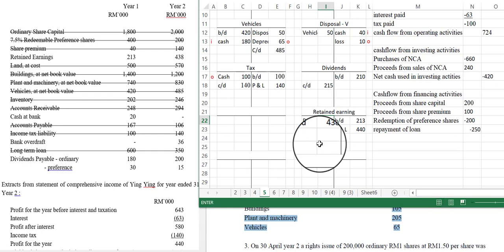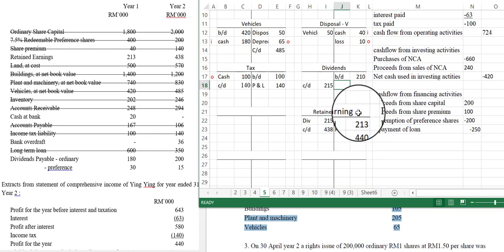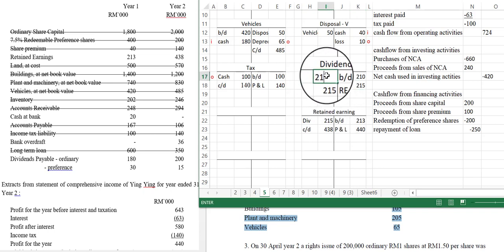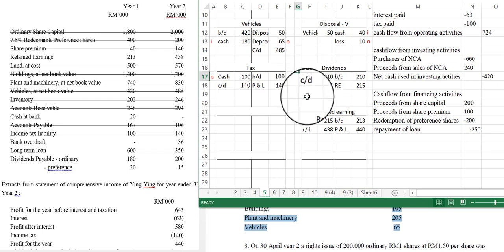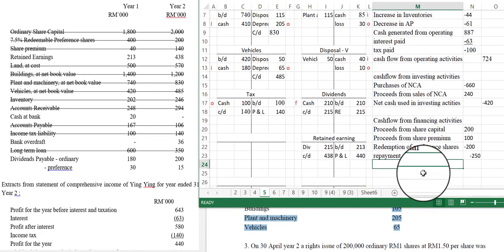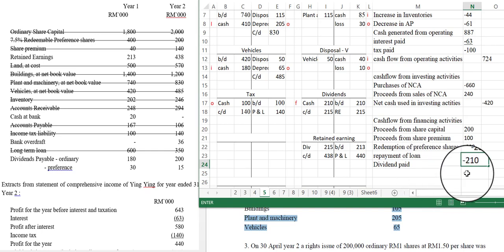This is 215. So from retained earnings, you minus the dividend for the current year, 215, and you pay the dividend for last year in cash. So this will be your financing activities. Now if you want to put your dividends in operating activities, it's also allowed, because dividend is flexible. You can put it under operating or under financing.